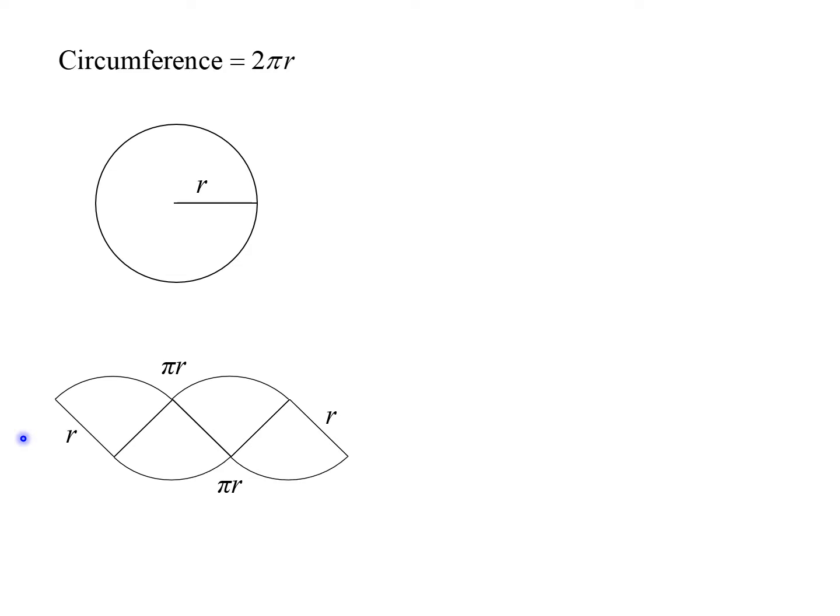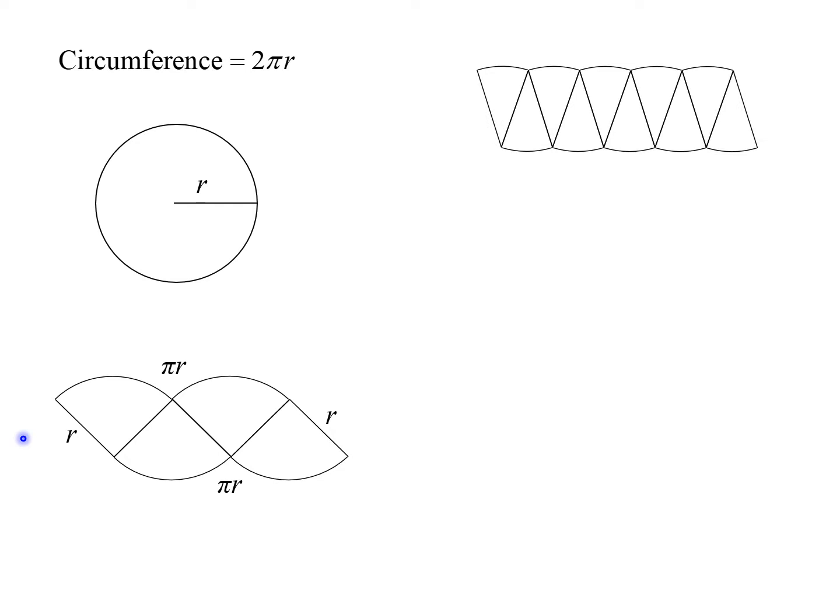Now what we're going to do is cut the circle up into 10 pieces and zigzag those pieces. We get something that looks like this. So it looks a little different from this, and I'm going to ask the same questions. You go over those 5 little hills, that total distance is going to be half the circumference. So I'm going to label the top of that with pi r.